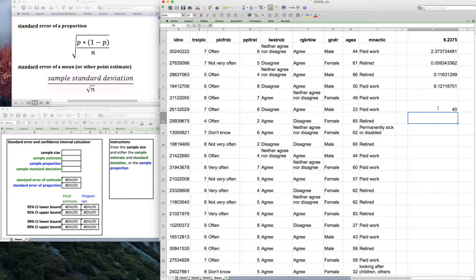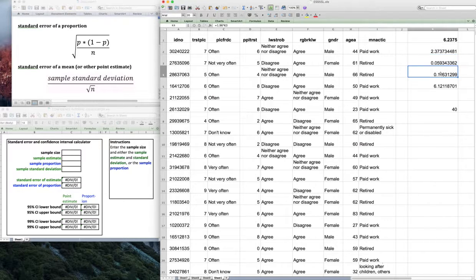So we want to take this figure here and divide it by 40, and that will produce that figure there, 0.059, or as near as damn it, 0.06.